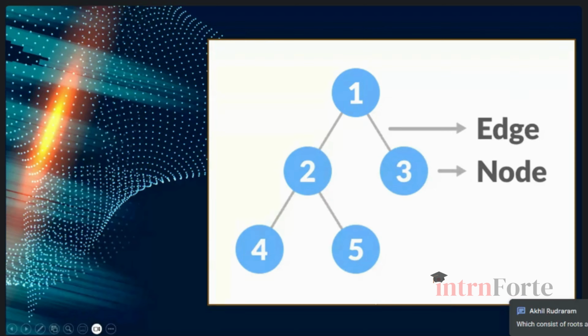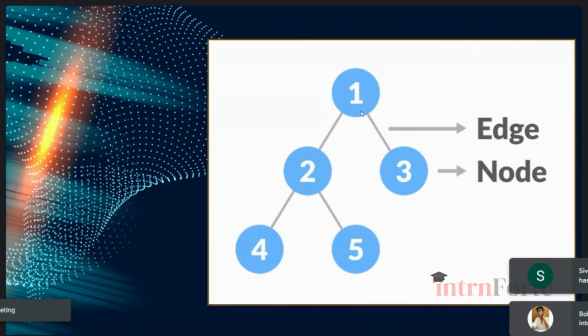You have nodes, these circles that you see, one, two, three, these are all nodes, and these nodes are connected together by edges. It's connected, meaning all the nodes are connected to one another. From one particular node, you can reach every other node in the graph. And it's acyclic, meaning there is no cycle in the graph.